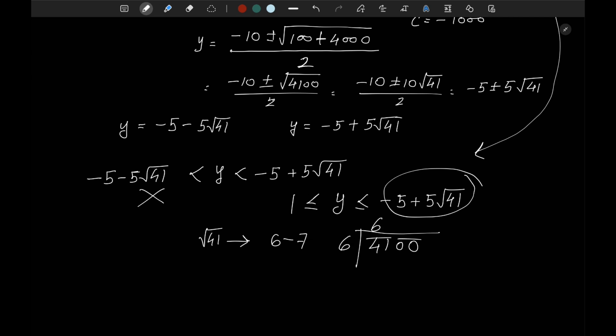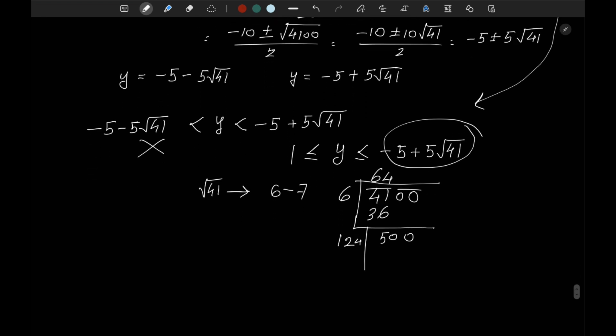So we have 6 into 6, this is 36, this will give you 500, 6 into 2 is 12, and the value less than 500 is multiplied by 4, so this will give you this. And if you again take 2 zeros, this will be 128, and if you take any number here, this will be some 0 something. So you have 6.40 something, or approximately we can say this is 6.4. Okay, this is your root 41.